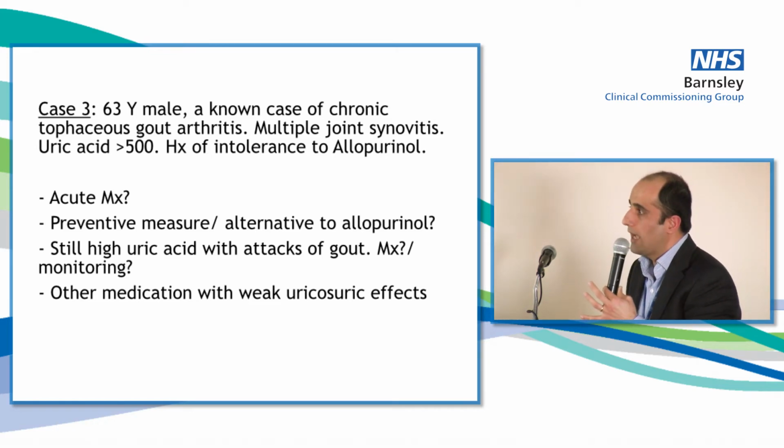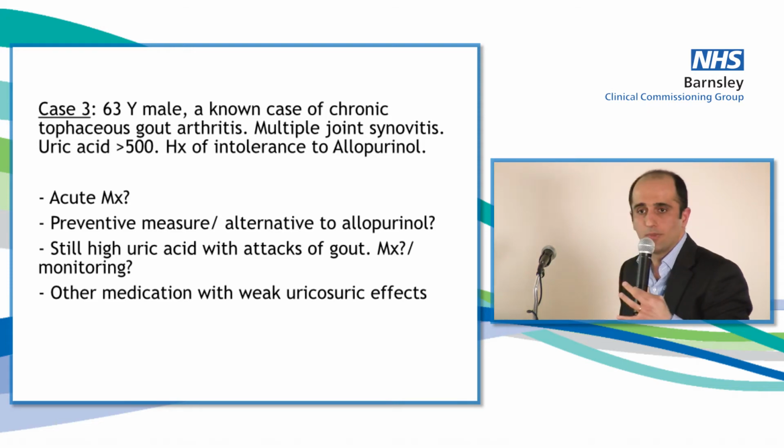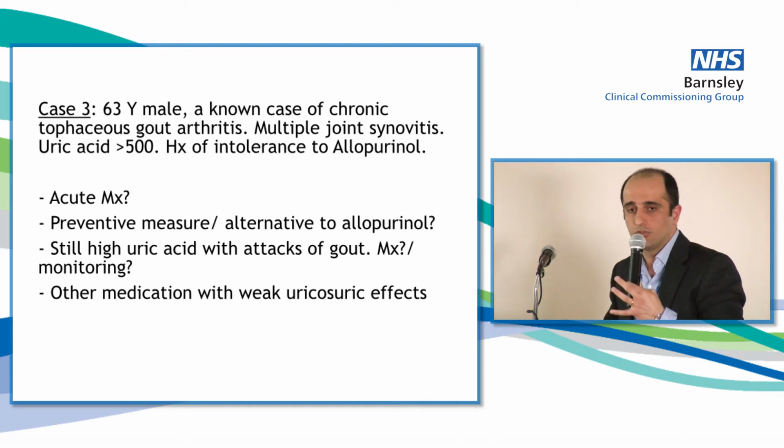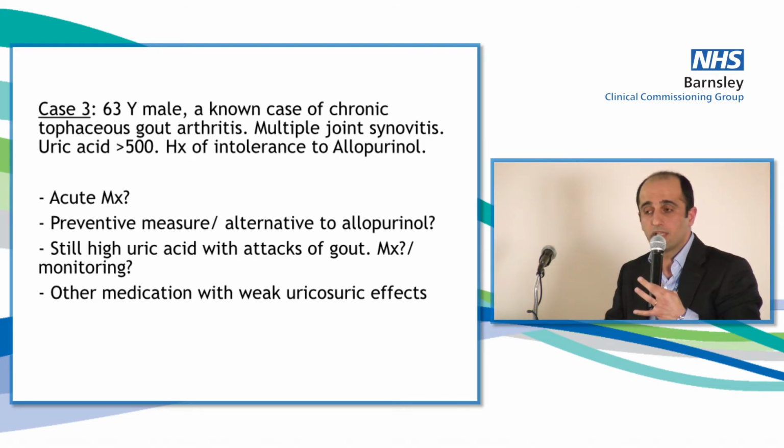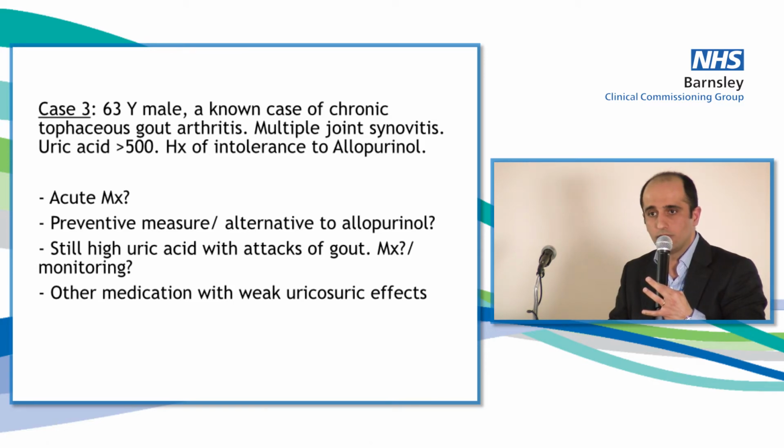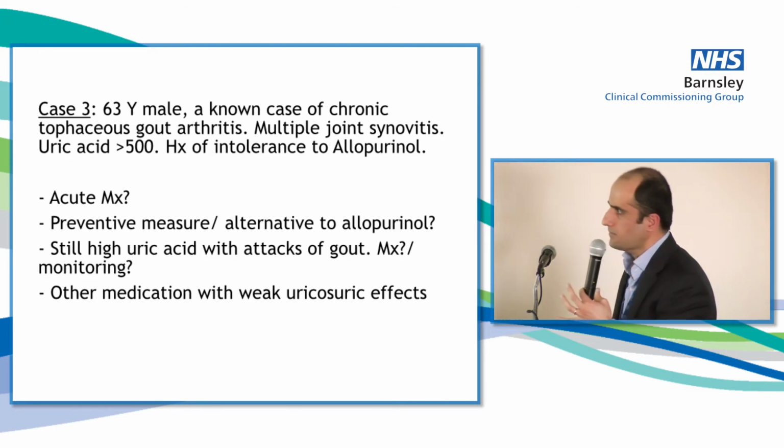The patient still had high uric acid and further attacks of gout. In spite of 120 milligrams of febuxostat, and for some reason we can't give more than 120, which is 1.5 tablets, the next step is to give benzbromarone, which we can combine with the medication.